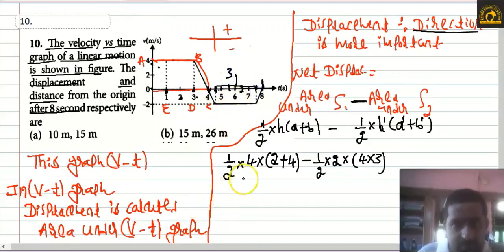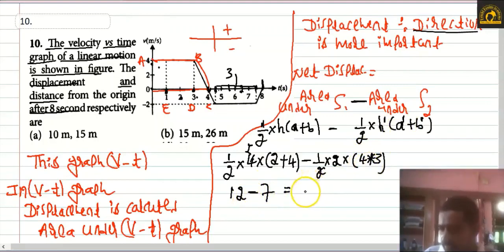Now calculate. 4 plus 2, 6. 6 into 2, 12. Then 12 minus the second term, 2 cancels. Sorry, it is 4 plus 3, 7 for the second. So that is equal to 12 minus 5, that is a 5 meter.